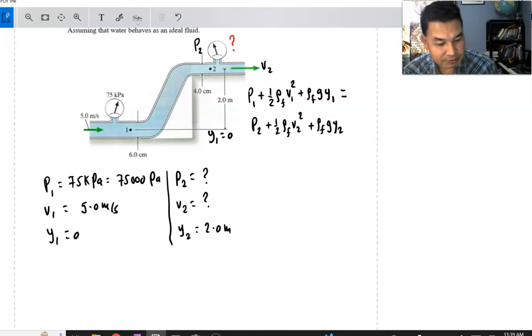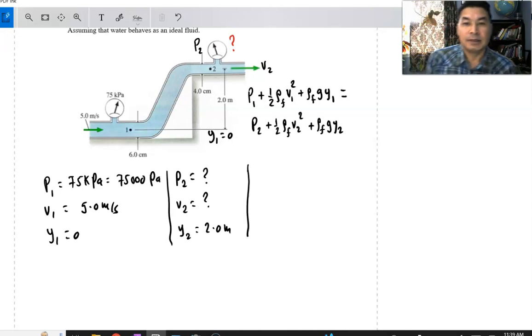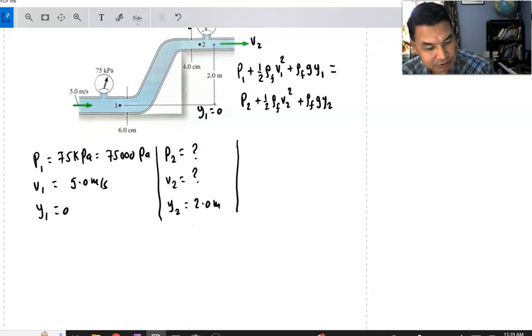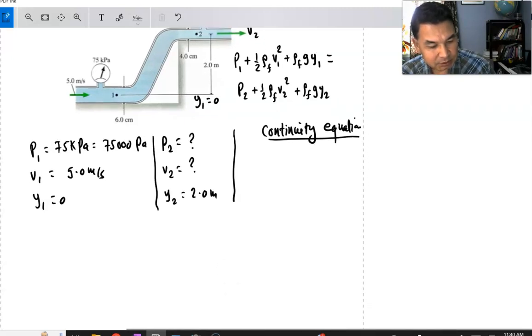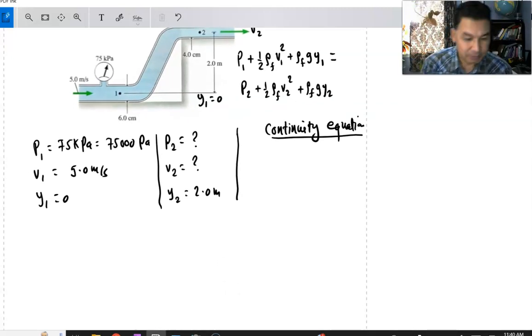And how do you find V2? Usually Bernoulli's equation is used together with another equation called the continuity equation. It simply says it's the relationship between the cross-sectional area of the pipe and the speed.